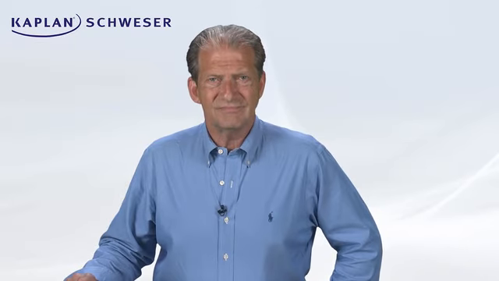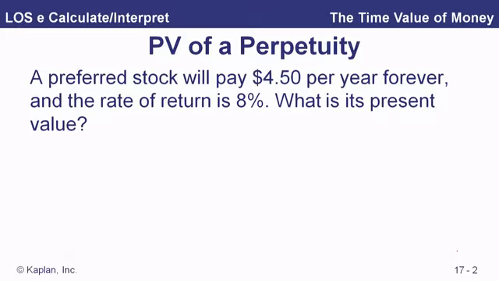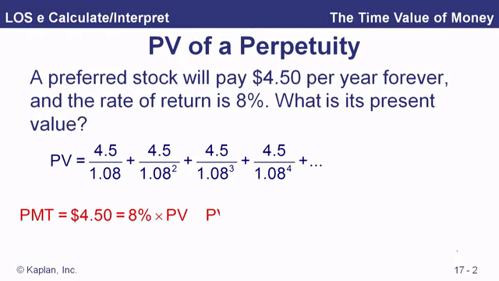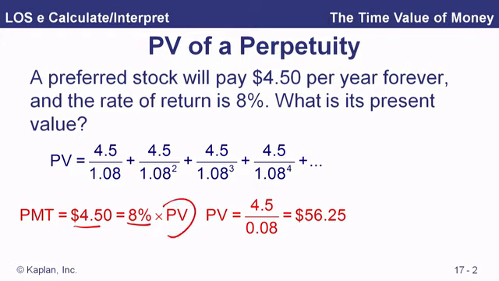Think of it this way. How much would you have to put in the bank at 8% to get $4.50 worth of interest a year? And so that's what we've written here, is we've got $4.50 equals 8% of some amount.